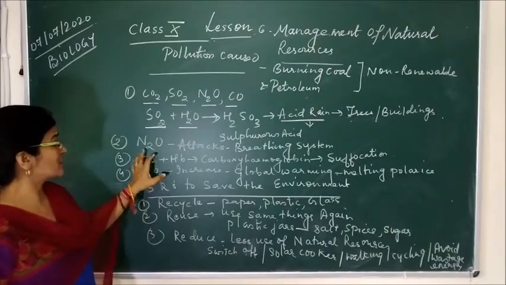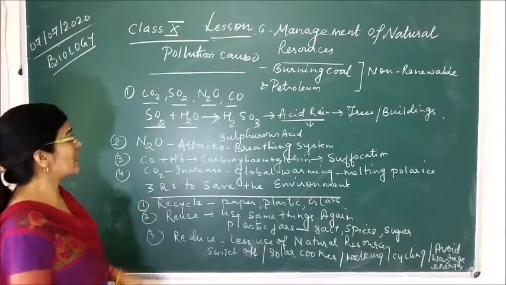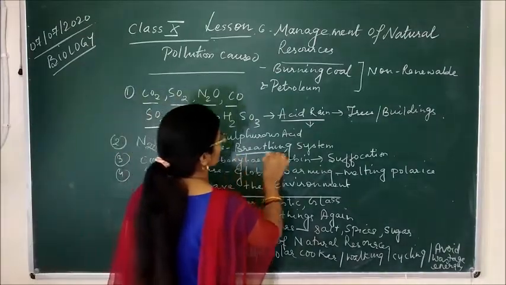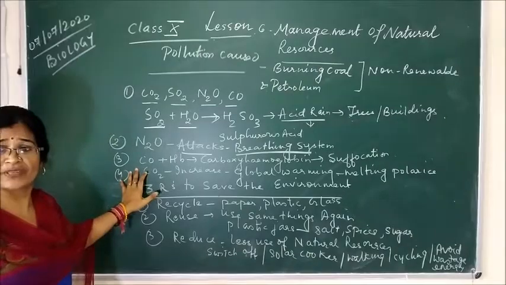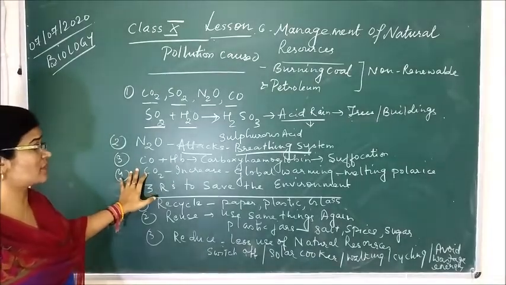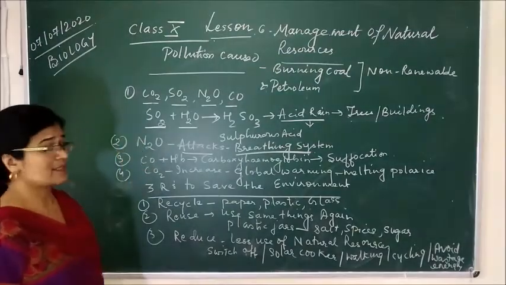Next, nitrogen oxide gas is also a very harmful gas, and it attacks mostly our breathing system. Lung cancer and other respiratory diseases can be suffered due to these harmful gases.